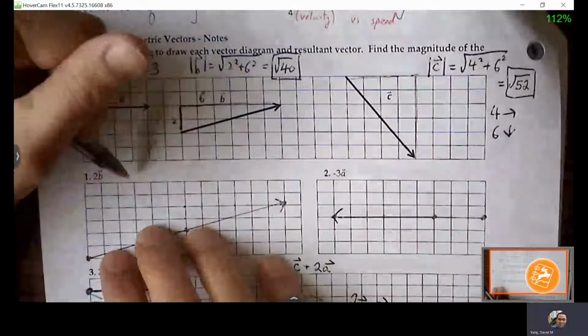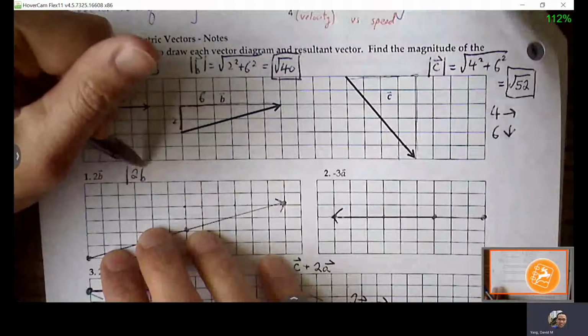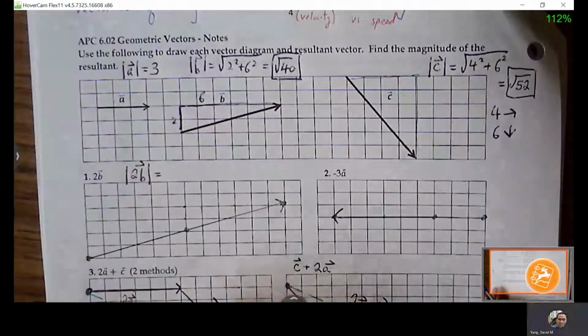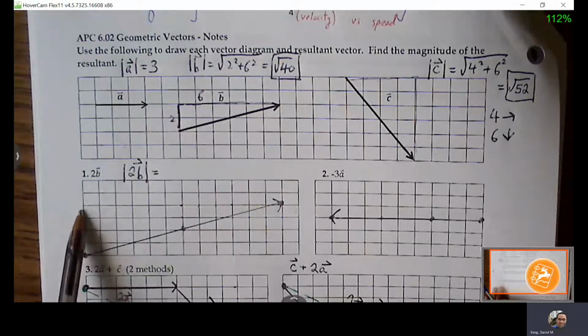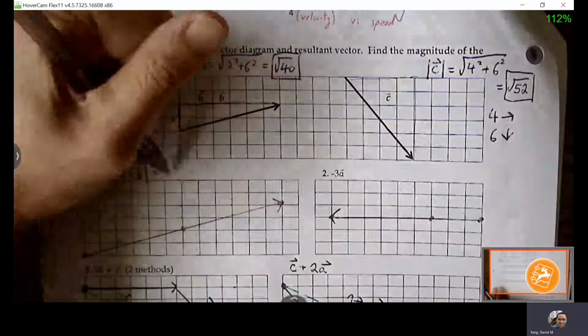Okay, vector 2B. So it's going to be up 4 over 12.